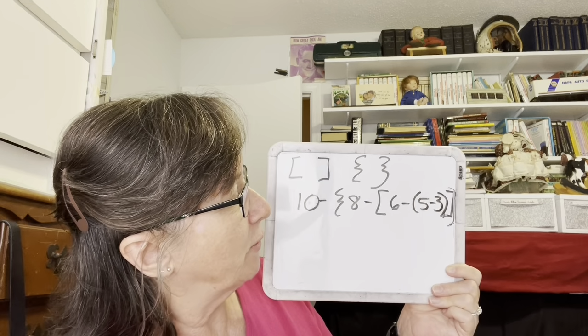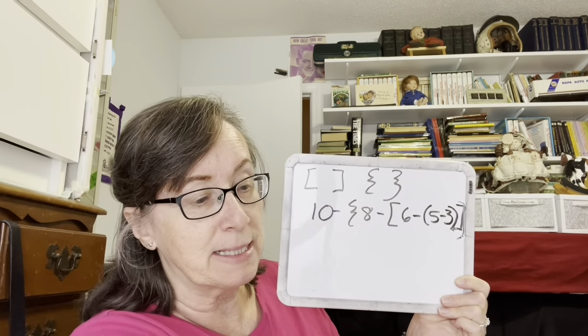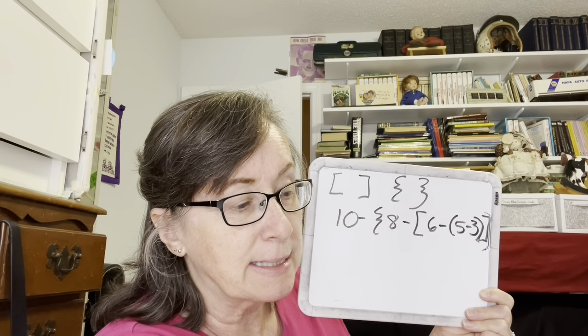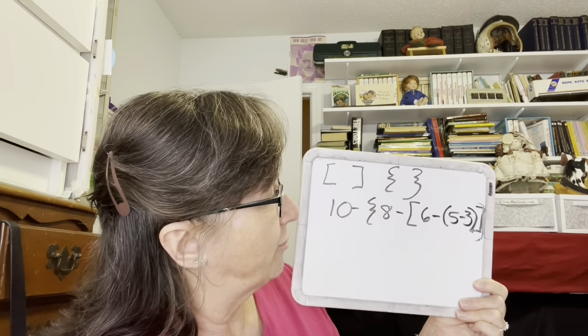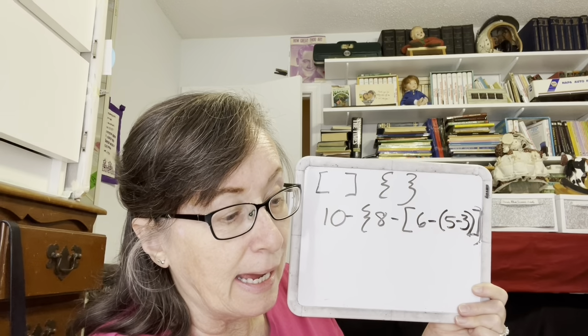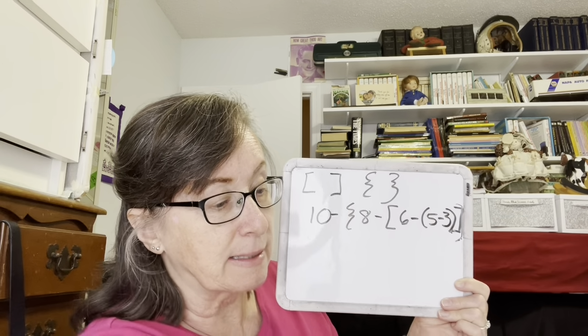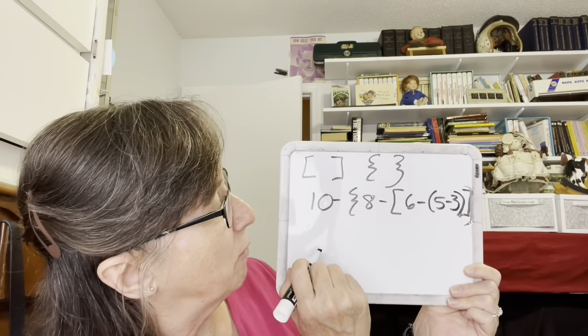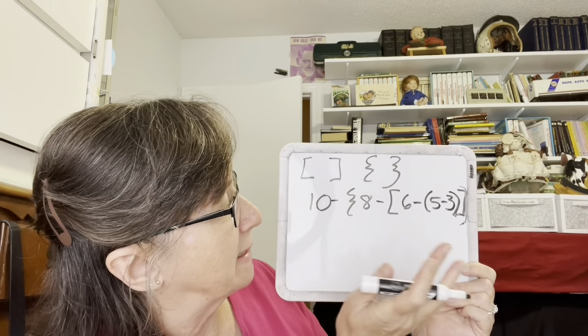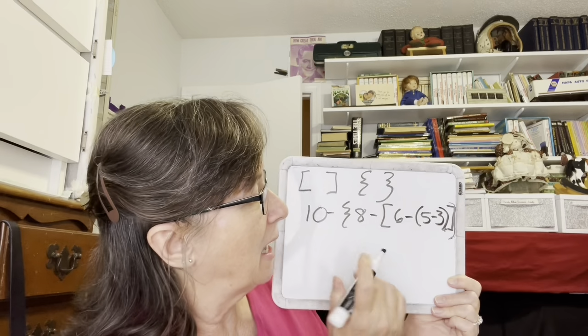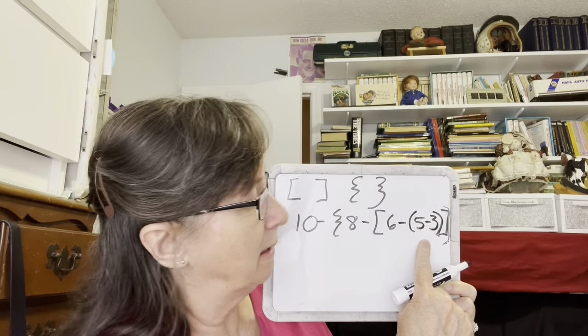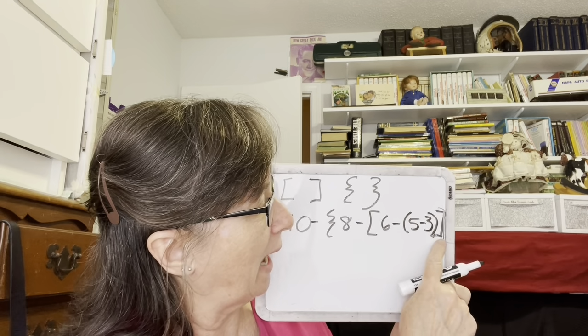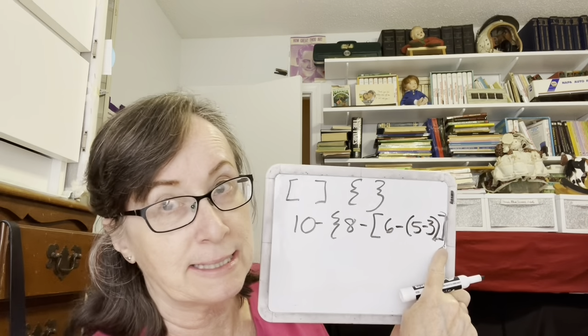So now we have another problem. This one is example 4. Okay, and yes, I put the brace in the right place. So now we're going to look and say, okay, I have quite a few grouping symbols. I have a parenthesis, I have brackets, and then I have braces.